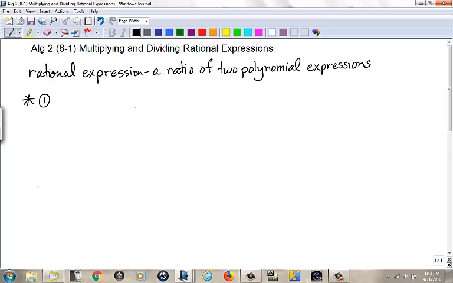they're asking basically three questions or directions. They'll ask you to simplify each expression.